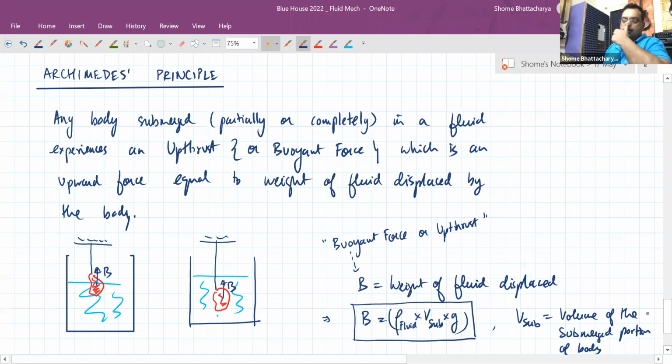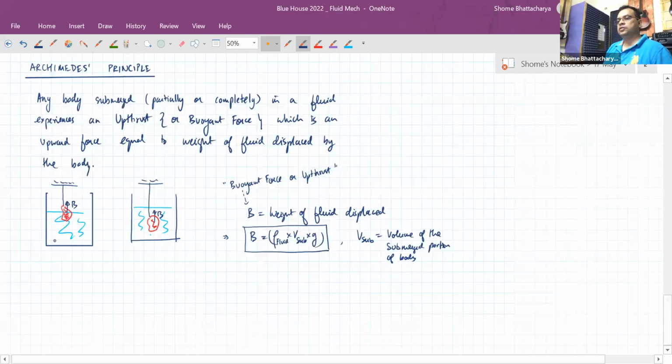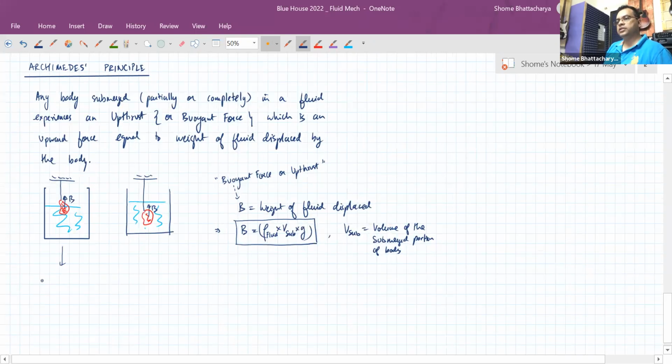Okay, so now let's understand how this exactly happens. And before we do that, let's also understand the free body diagram of the object in each case. In this case, the object is partially submerged. So the fluid will still apply some force on it, and that is equal to the buoyant force.